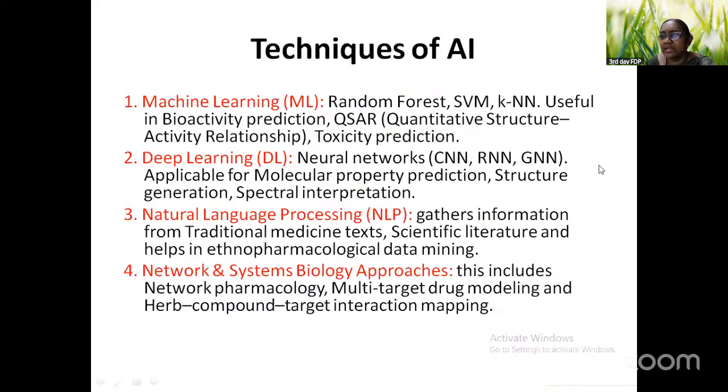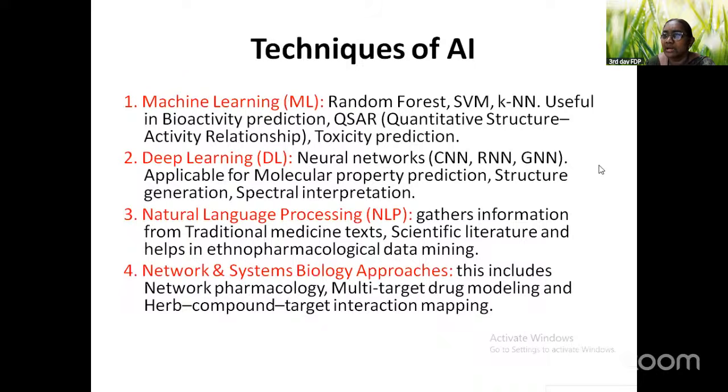So the various techniques that utilize AI for drug discovery are, one, machine learning. These are the various platforms in machine learning: Random forest, SVM, KNN. These are useful for bioactivity prediction, QSAR models, and toxicity prediction models. The second technique is deep learning.